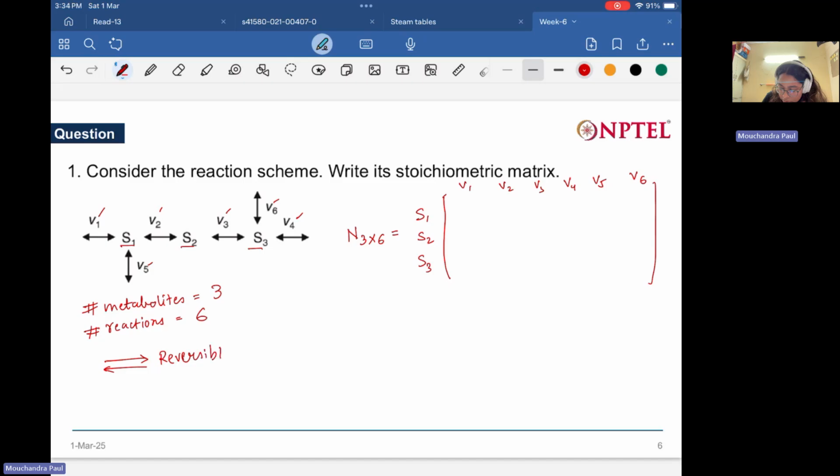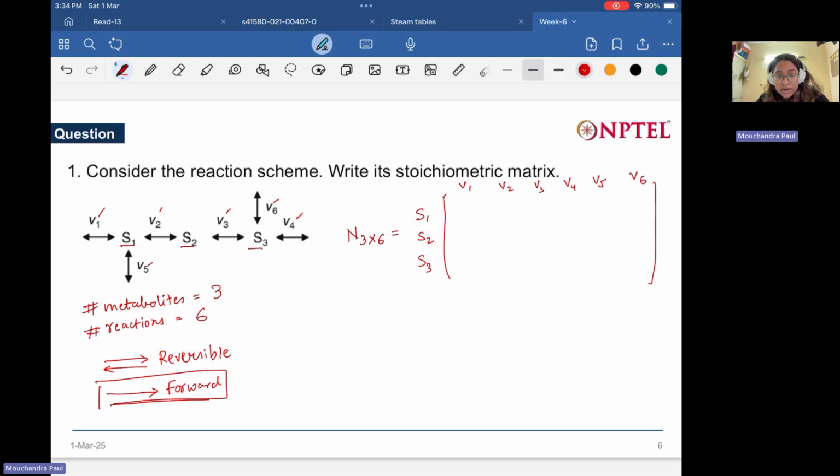So in this case, you have to consider that you will take one direction, let's say from left to right as your forward direction, and right to left as a reverse. And you have to stick to only one direction, commit to only one direction when assuming whether the metabolite is a reactant or a product in a particular reaction.